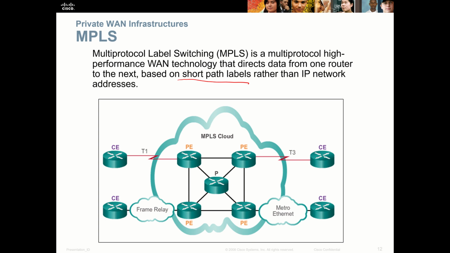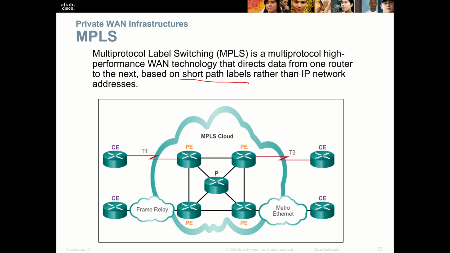And in the past few years, when we have the SD-WAN technology, people are looking more at how we can integrate MPLS with SD-WAN technology.